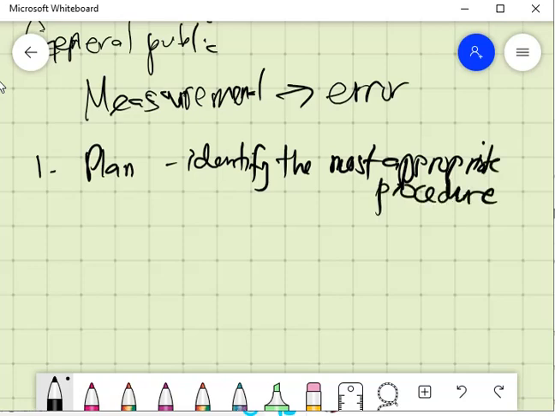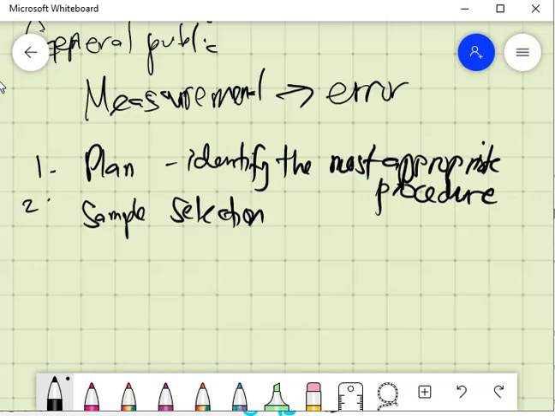Okay? And then, next, we have to select the sample. For example, if I'm working in a food and drug industry, and I want to check if this plant is effective in treating something, I would have to know which part of the plant I should use. Should I use the roots, the leaves, the stem?